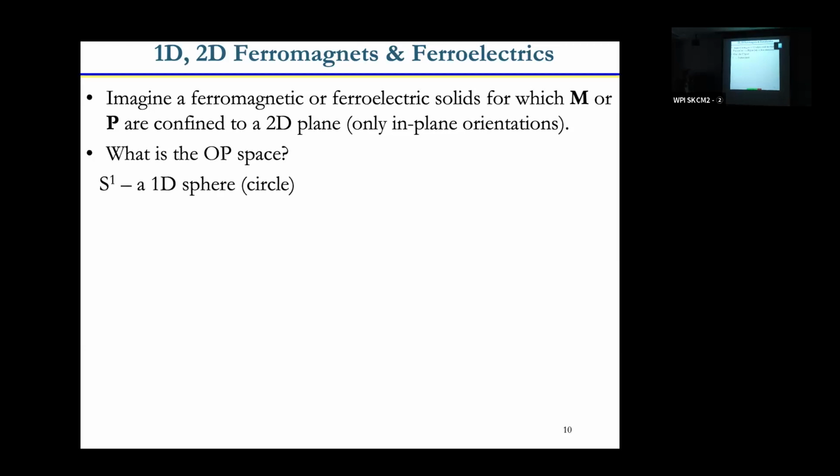Okay, so here I have some examples, questions for you. And in some way I already answered them with the examples we looked at before. So if you have a ferromagnet or ferroelectric, and you have either magnetization or polarization confined to two-dimensional space, right? So only two-dimensional orientation is possible. What's the order parameter space?